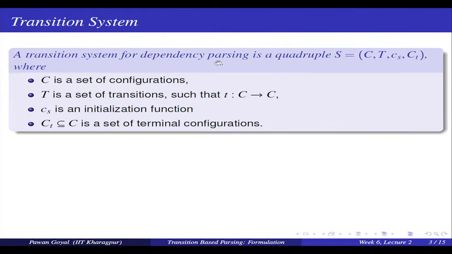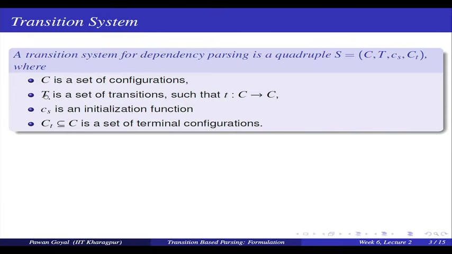So, formally we will define a dependency parsing transition system as a quadruple that has C, T, CS and CT. And what are these? Capital C is a set of configurations, all the configurations that are possible.